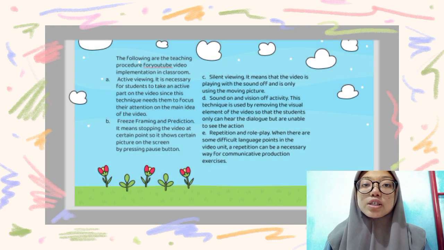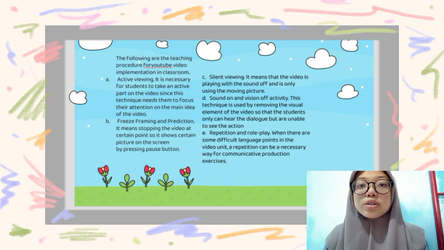Following are the teaching procedures for YouTube video implementation in the classroom. A, active viewing. This is necessary for students to take an active part in the video sense. This technique lets them focus their attention on the main area of the video.